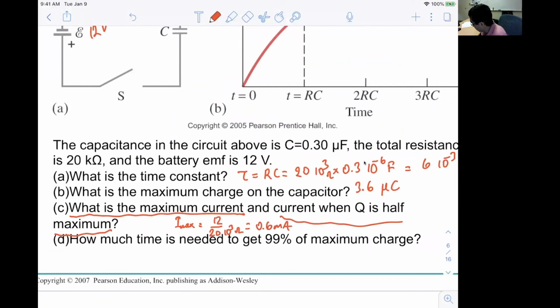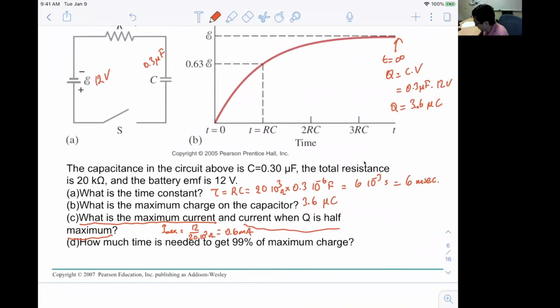And the question asks for the current when Q is half of the maximum. Actually this is not very complicated. You don't have to do the exponential functions. When the Q is maximum, the potential is 12 volts on the capacitor, and when it's half of it, it means 6 volts.